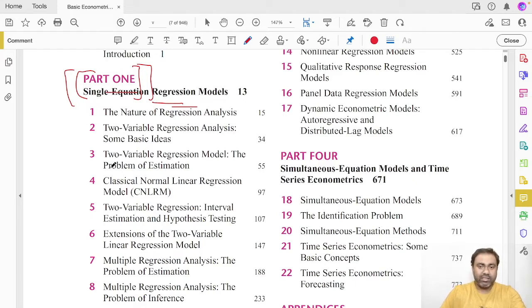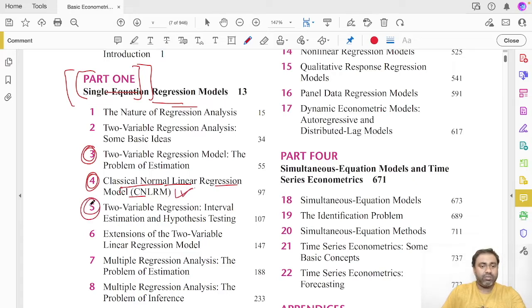The second thing, if you ask about some of the important chapters that you need to go through: chapter 3, chapter 4, like the classical normal linear regression model, what are the important properties or assumptions, those things are important.